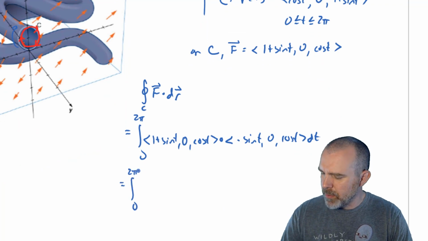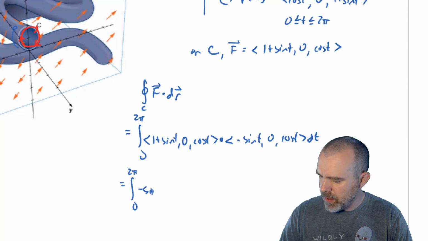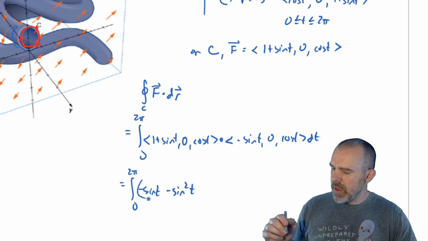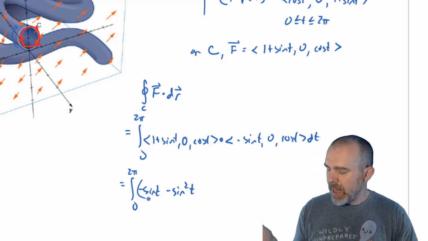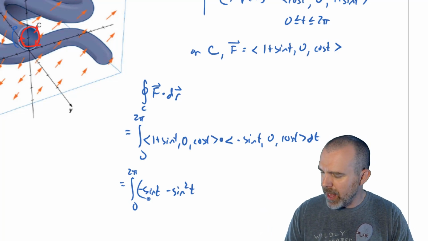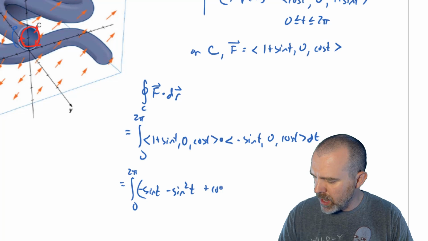And let's see here, we multiply the x values there, and then multiply the y's, that's 0, multiply the z's, that'll be cosine squared dt.